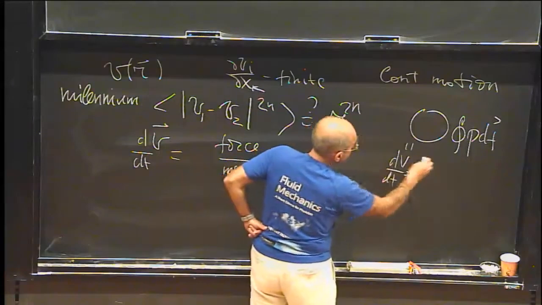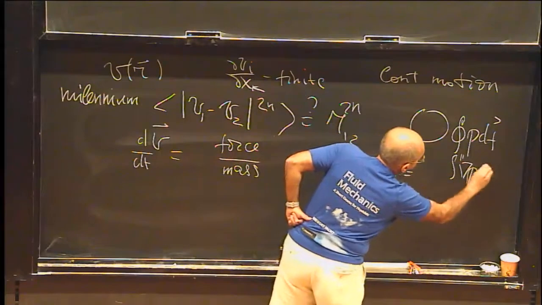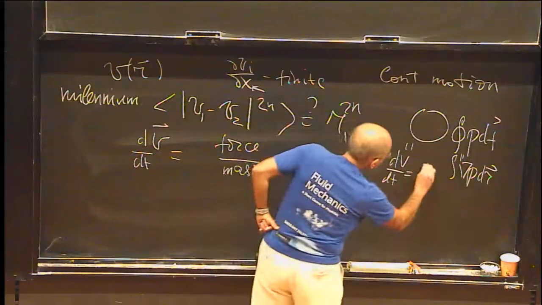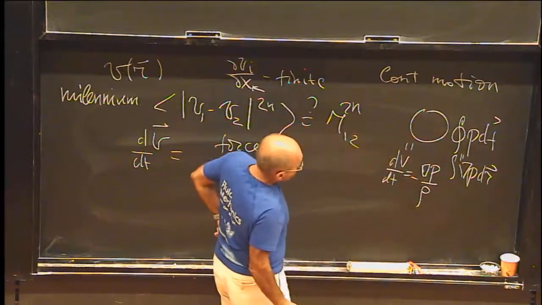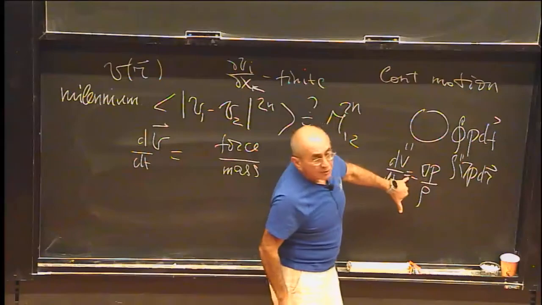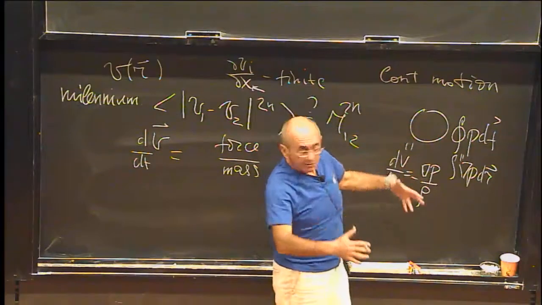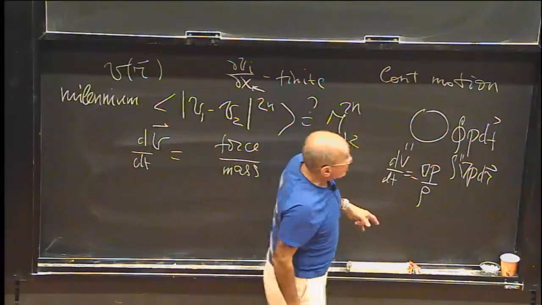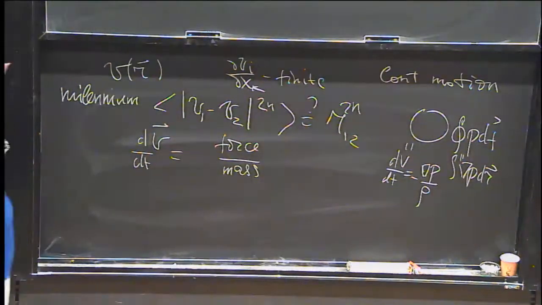The integral, I can also write as an integral of the pressure gradient over volume. Okay, so my dV/dt is minus the gradient of pressure over density. That's my mass, and the minus is because pressure is always assumed to be acting outside, which means that what acts from outside is minus pressure. So that's it. I probably won't use this one, so let me keep it here.